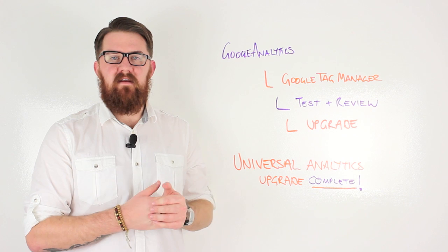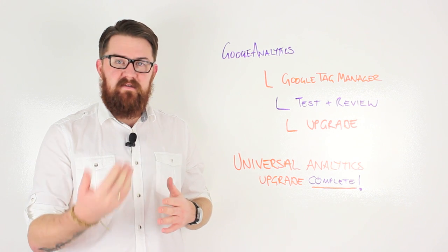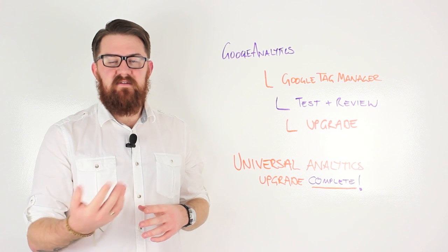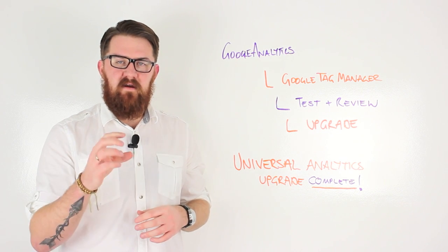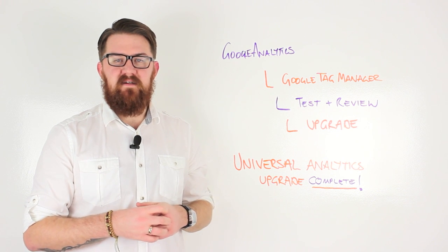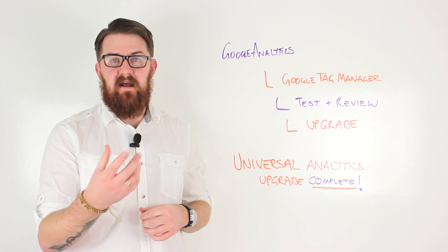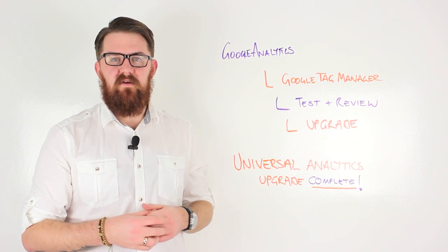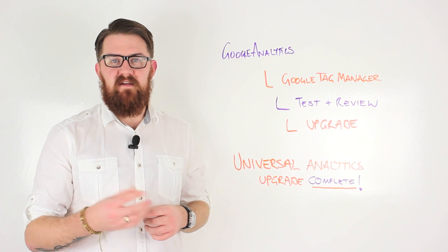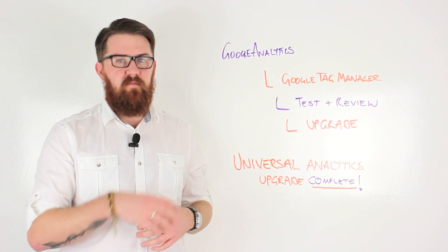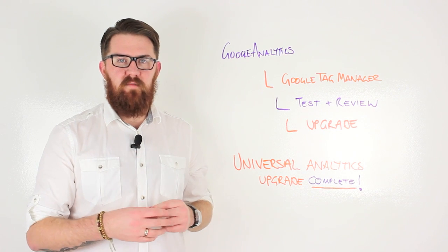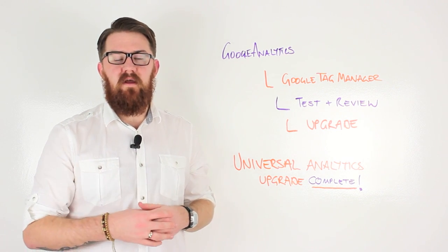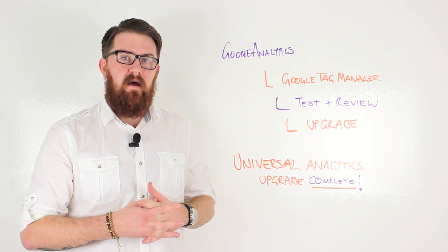And within that container it's going to contain the tags that you are going to create, that is going to customize your analytics tracking code to capture exactly the on-page events, the on-site events and interactions that you've been monitoring up until this point, as well as any future changes that you're going to make.